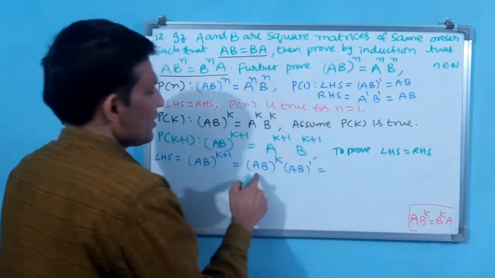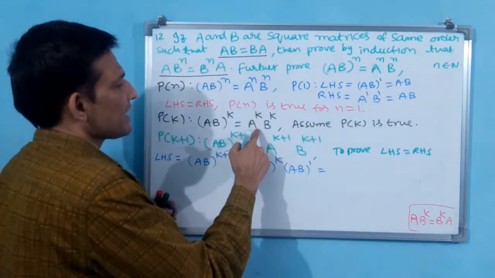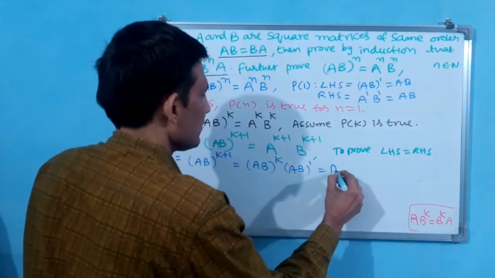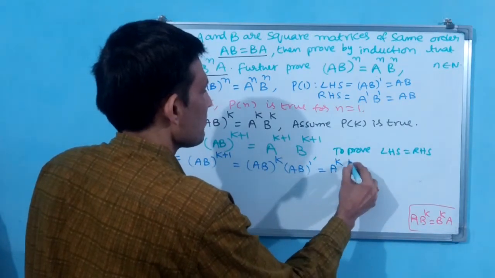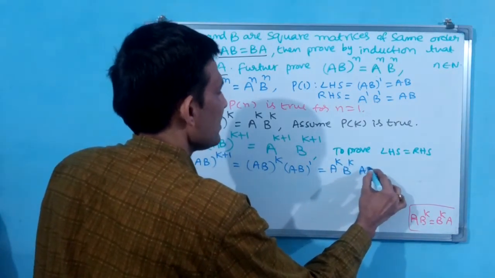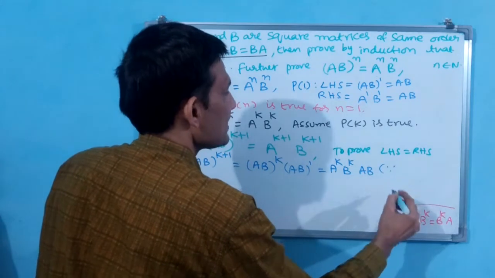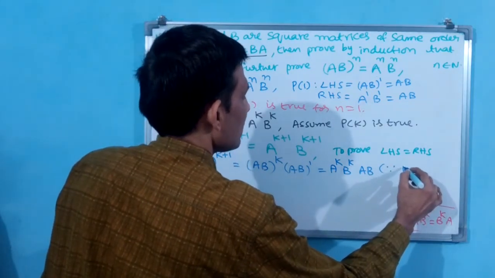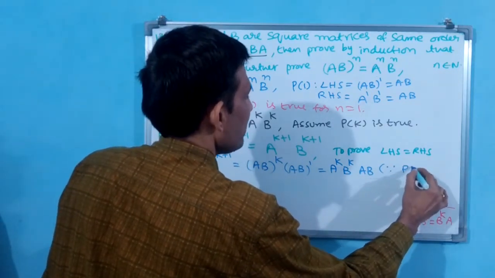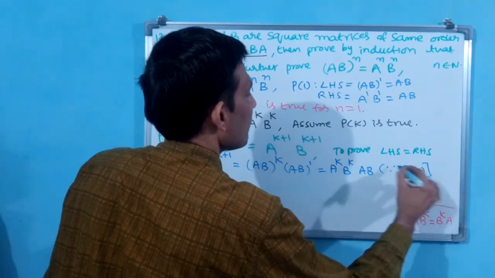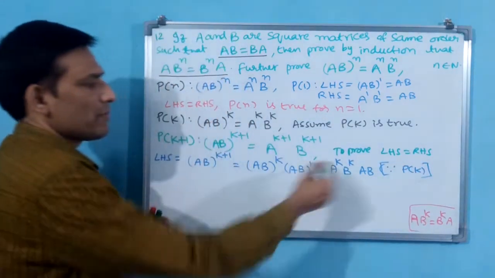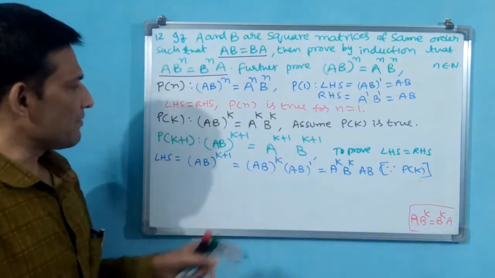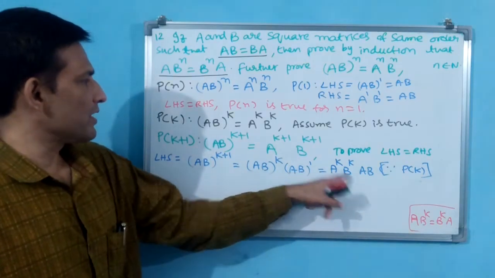That is equal to AB whole power k value, which is A power k into B power k. Write down: A power k, B power k into AB. Because from P of k we have written this one. Why? Because in P of k, AB whole power k is equal to A power k into B power k.